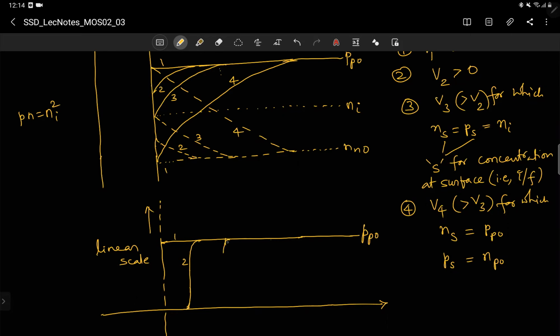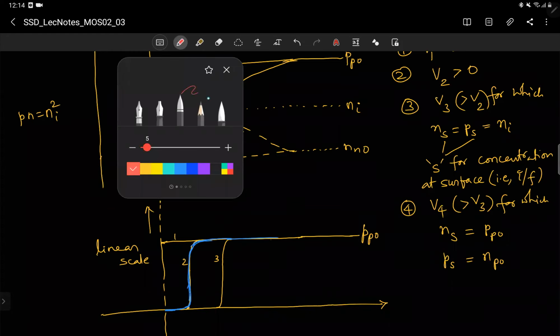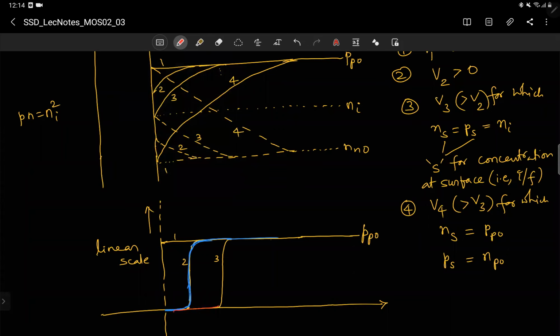Remember, note that we cannot draw the electron concentration in the same curve unless the electron concentration becomes significant. So this is 3. It starts from 0 like this. Maybe with a different color I'll show, so this is V2, right? So this is what I meant. And this is V3.